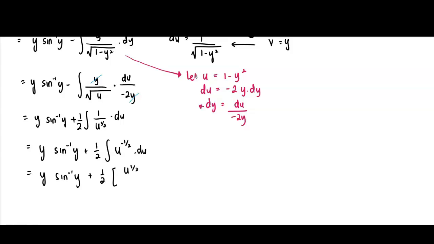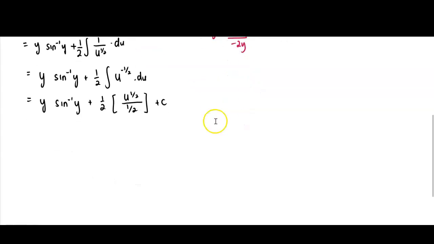So we add 1 to the power, divide by the new power, plus c. What do we have? y arcsin y plus. This half can be cancelled off, so we only have the square root of u remaining.